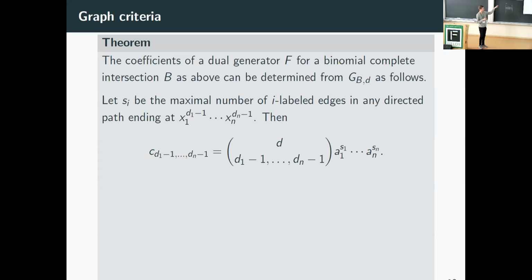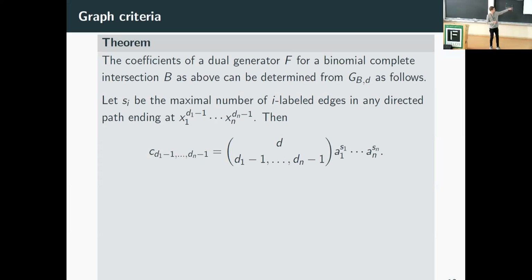And to determine exactly what coefficient it is, we know that a lot of paths will go down to exactly this guy in the reduction graph, because we know either we have paths going to this guy or we have paths going to circuits. So we just say, okay, in all of these directed paths leading down to this guy, how many I-labeled edges do we at most go through in one unique directed path leading to it?